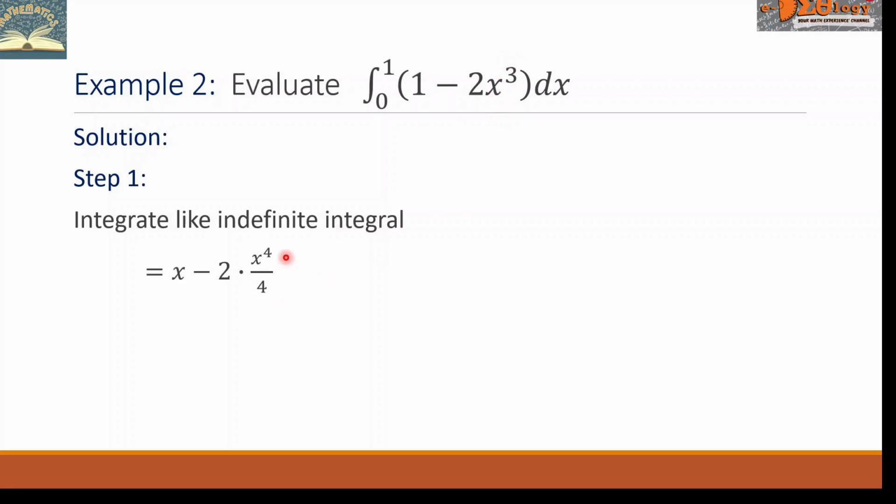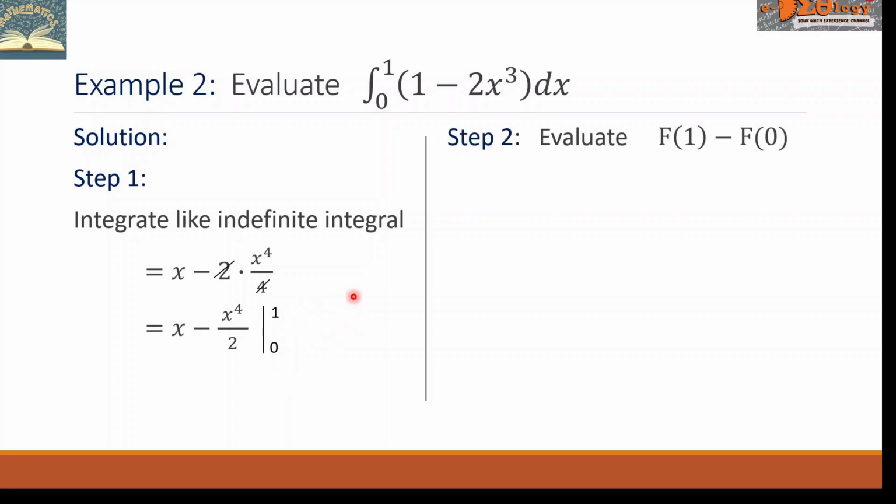That is x raised to 4 over 4. We simplify by cancelling this 2 and this denominator 4. 4 becomes 2 and this 2 becomes 1. So we have x minus x raised to 4 over 2. And as a rule, we don't use the plus c. Then we evaluate this from 0 to 1.